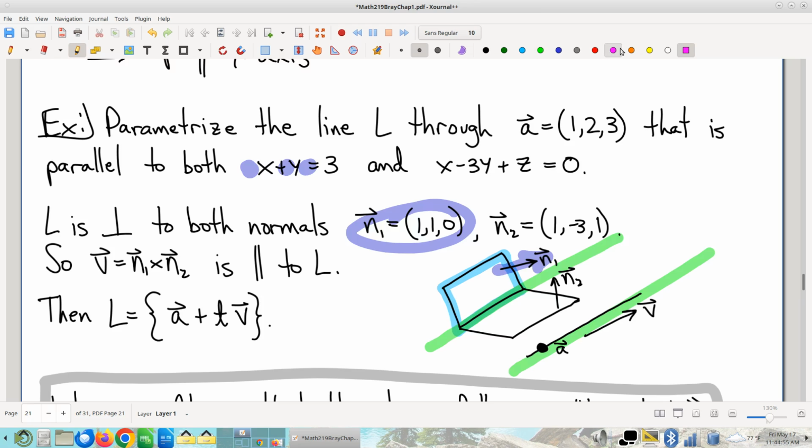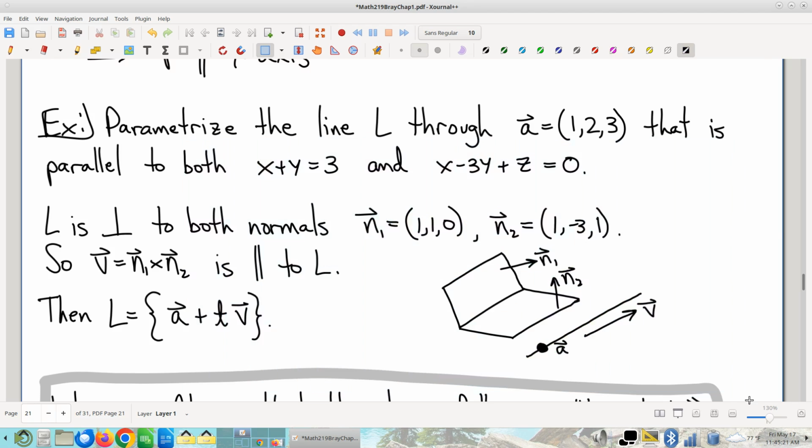And so, connecting the dots transitively, the normal vector is perpendicular to the plane, which is parallel to the direction vector I'm looking for, and therefore, by my transitivity argument, this normal vector must be perpendicular to that vector.